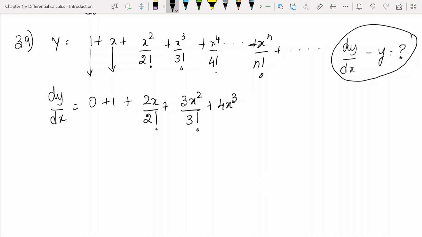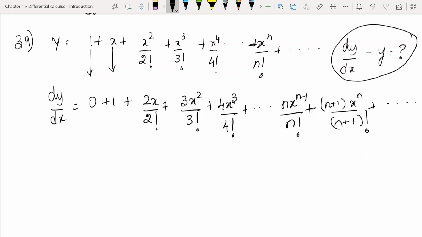So let me write that also, 4x cube by 4 factorial, and so on up to nx power n minus 1 by n factorial, plus dot dot dot, the next term is naturally n plus 1 into x power n by n plus 1 the whole factorial, plus dot dot dot. Okay, I'm just writing the term after this.